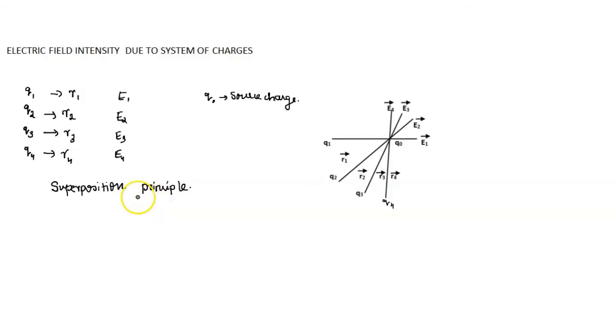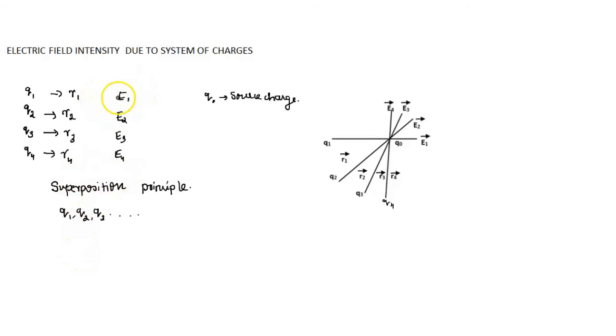So for an assembly of Q1, Q2, Q3, etc., the force on any charge, say Q1, is the vector sum of the force on Q1 due to Q2 and the force on Q1 due to Q3 and so on. Thus the electric field intensity at a point P due to n point charges Q1, Q2, etc., Qn is equal to the vector sum of the electric fields due to Q1, Q2, etc., Qn at point P.